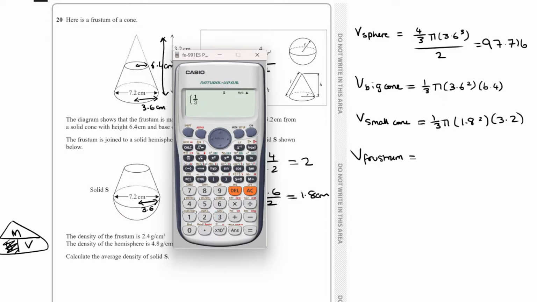So 1/3 pi times 3.6 squared, remember it's not cubed this time, it's just squared, times 6.4, minus the small one, which is another 1/3 pi times 1.8 squared this time, and then the height was 3.2. So there's the volume of our frustum, 76 point something.